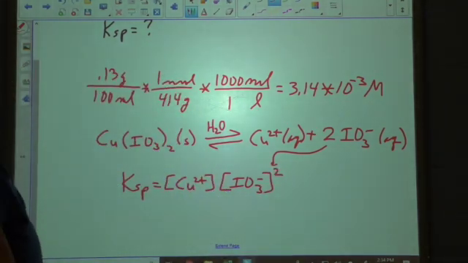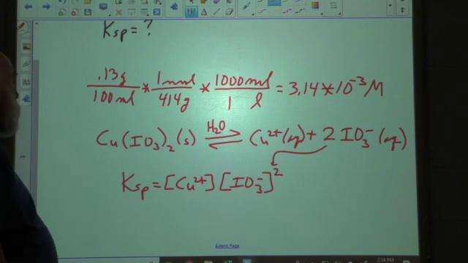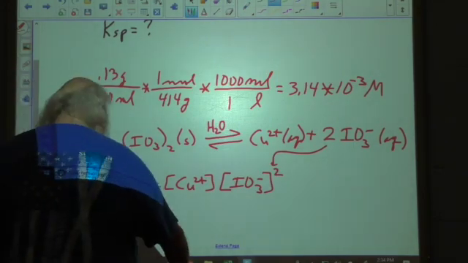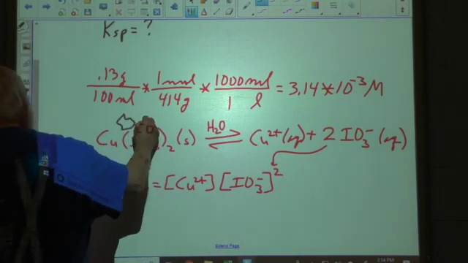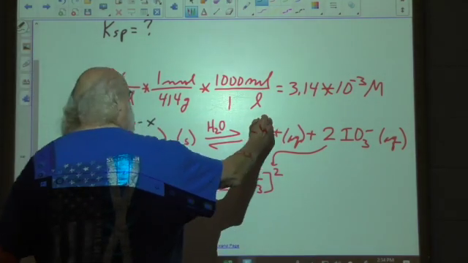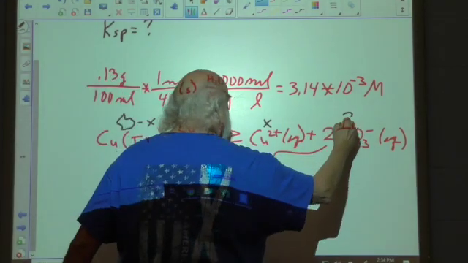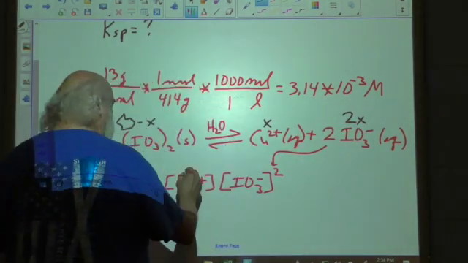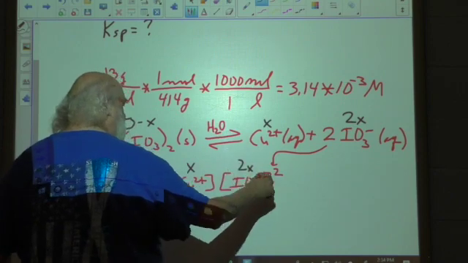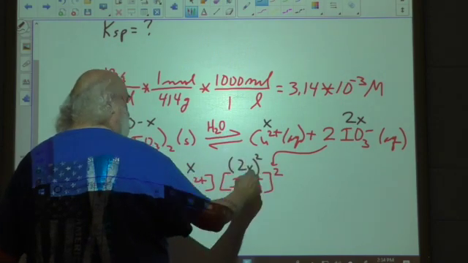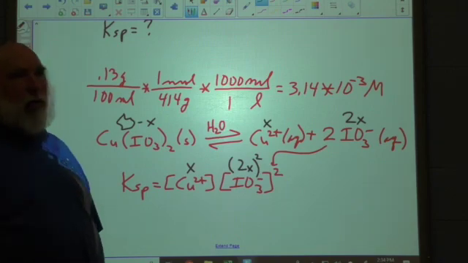Okay? Now, again, let's suppose we have a chunk of this stuff, international symbol for chunk, lose x here, gain x here, and gain 2x here. So this becomes x times 2x, and because of the square here, we have to square it. You say, well, no, wait a minute, why are we doing that twice?